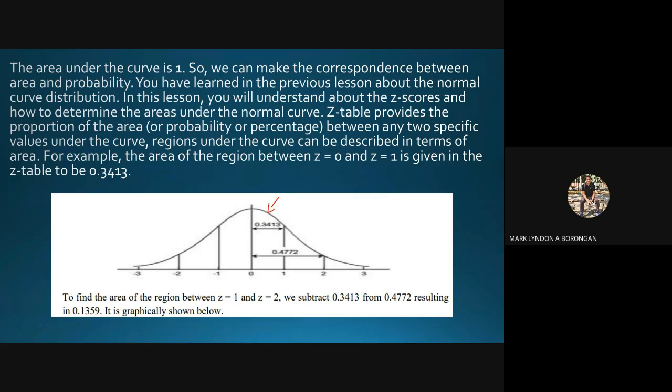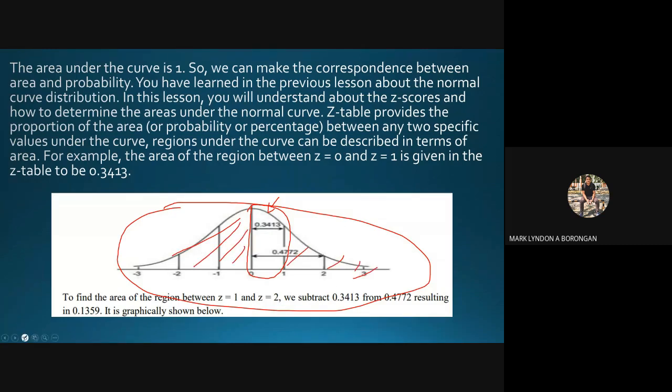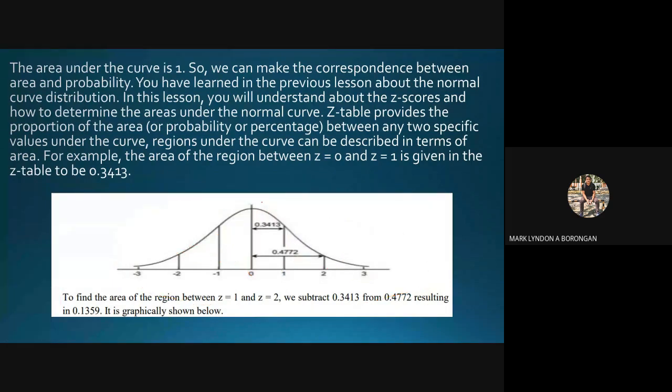So this one is from 0 to 1, under the normal curve, this area will be 34% of the overall area. So the area is its probability or its percentage.